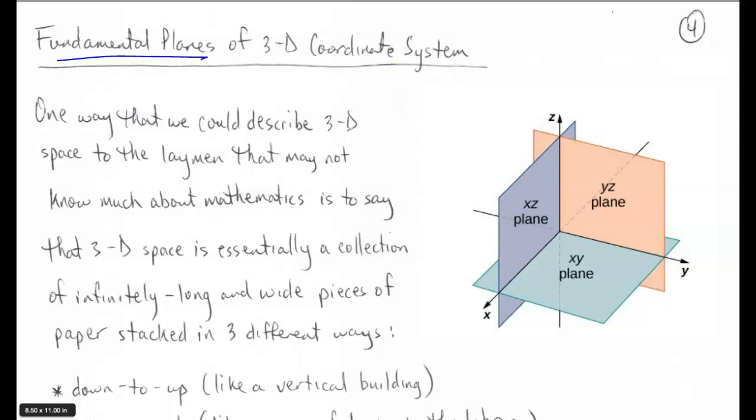All right, so we know that the word perpendicular means that the two objects that we're considering just intersect each other at a 90-degree angle, okay? Now, in general, we know that the x-axis, the y-axis, and the z-axis are all themselves perpendicular to each other, okay?